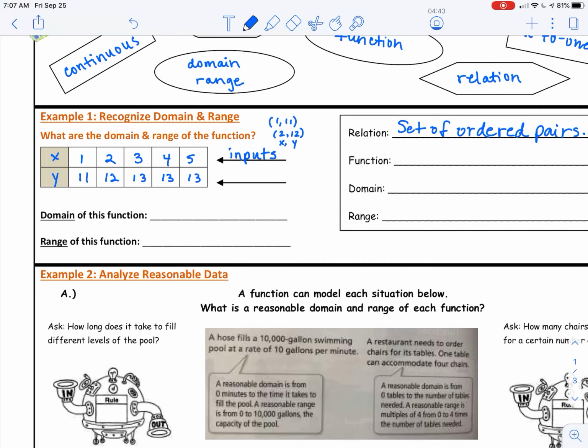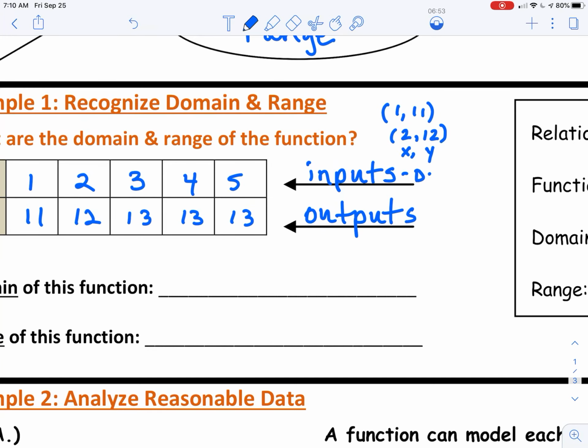The range is the set of outputs, which is simply our y values. So when I look at this relation over here to the left again, all those numbers on the first line representing x is called the domain. So I'm just going to put it right here, the domain. And all the outputs represent the range of our function.